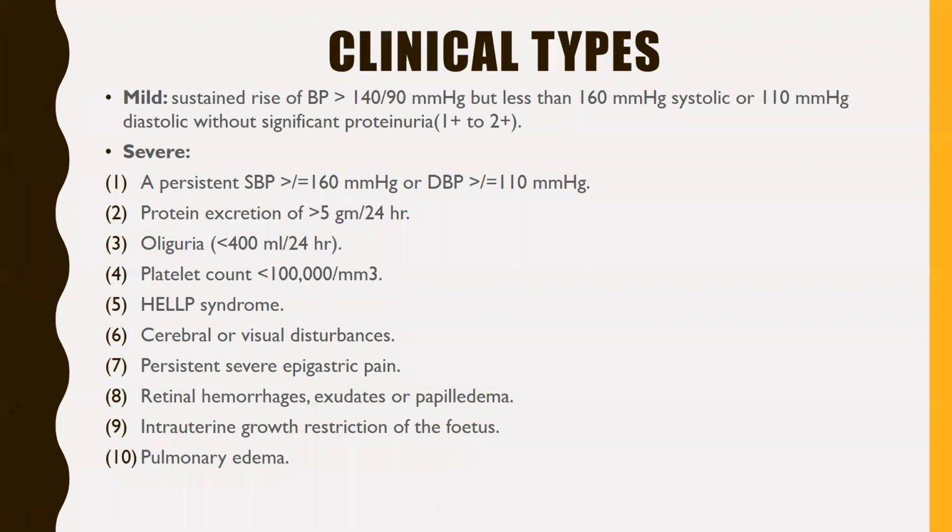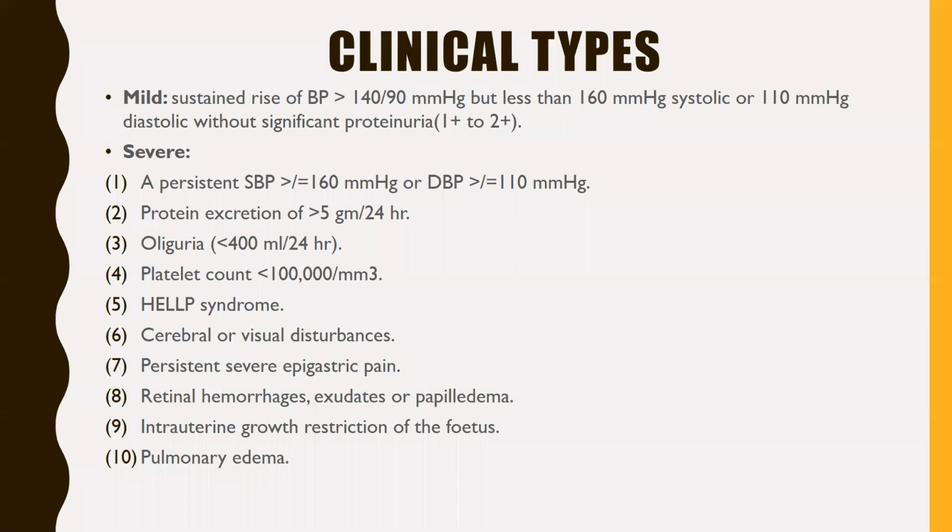And there will be proteinuria, which is not so significant. It's going to be about +1 or +2 when you use the dipstick. And it's also going to be less than 5 grams per 24 hours of urine if you're going to use that reading.